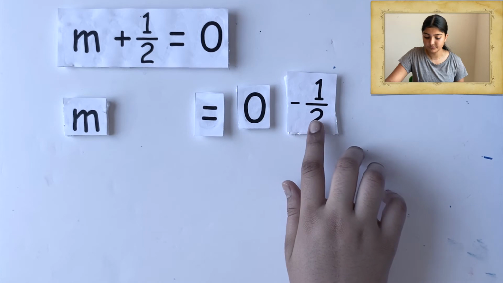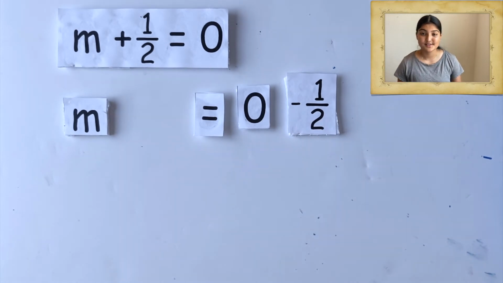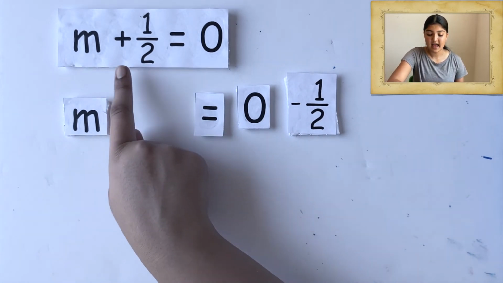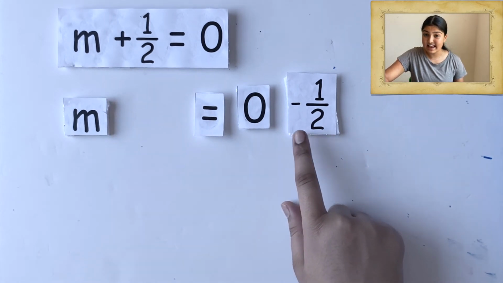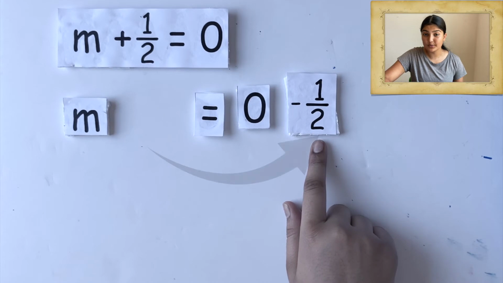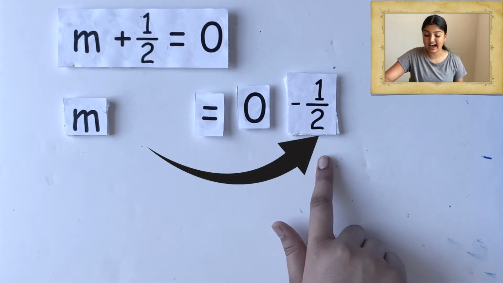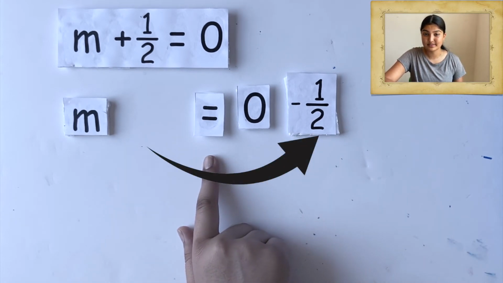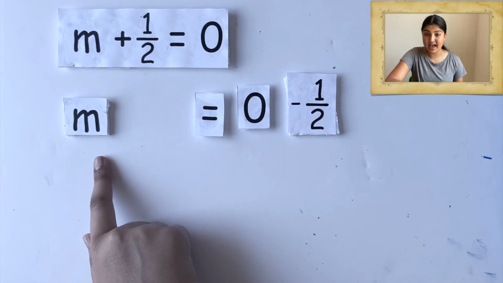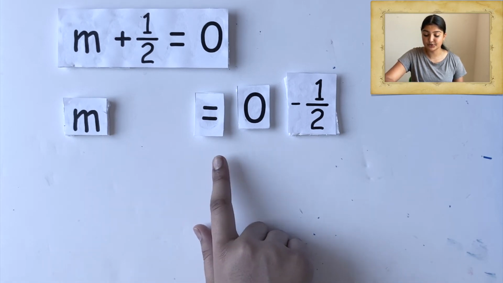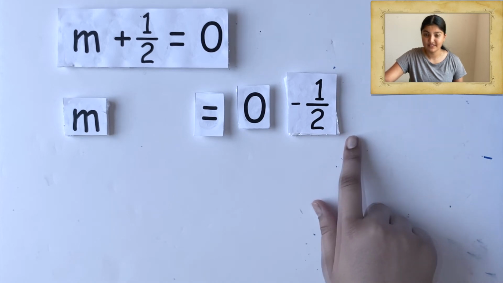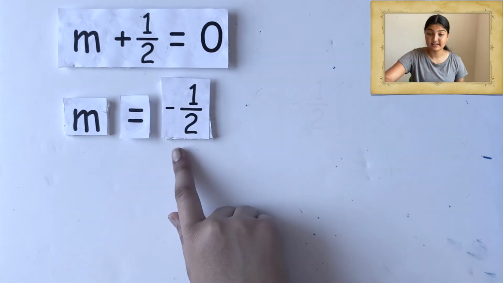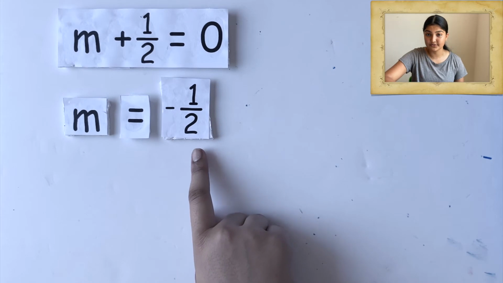Notice how positive 1/2 became negative 1/2 when we took it to the other side of the equal sign. So m is equal to 0 minus 1/2, or negative 1/2.